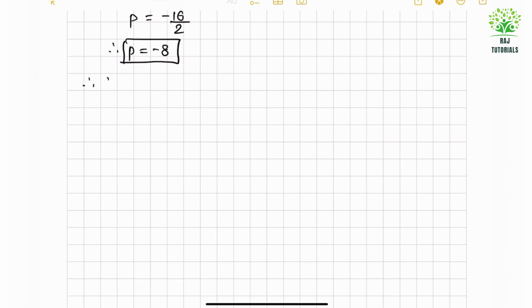Now I got the value of p. Therefore the quadratic equation is 3x square minus 8x plus 4 equal to 0. Now to find the zeros, 3 fours are 12. So we need factors of 12 whose sum is coming as minus 8.